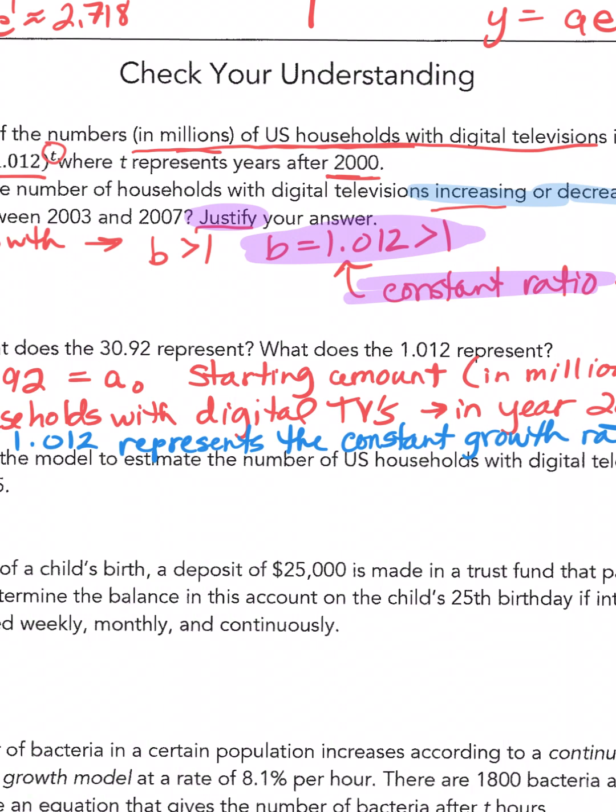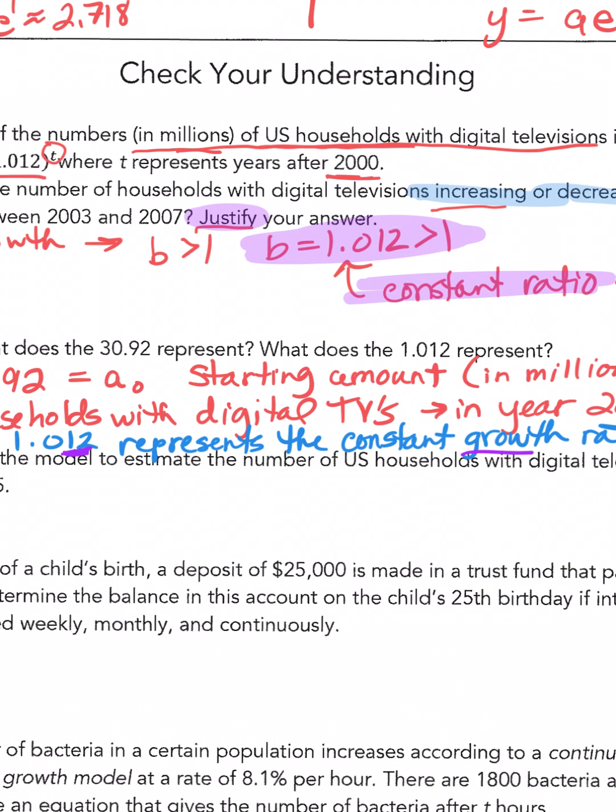Okay? So you can't just say it represents the constant growth rate. You have to tell them that you really understand that because it's 1 point something, it's increasing, so it's a growth. And then take this 0.012 and know that it's 1.2%.